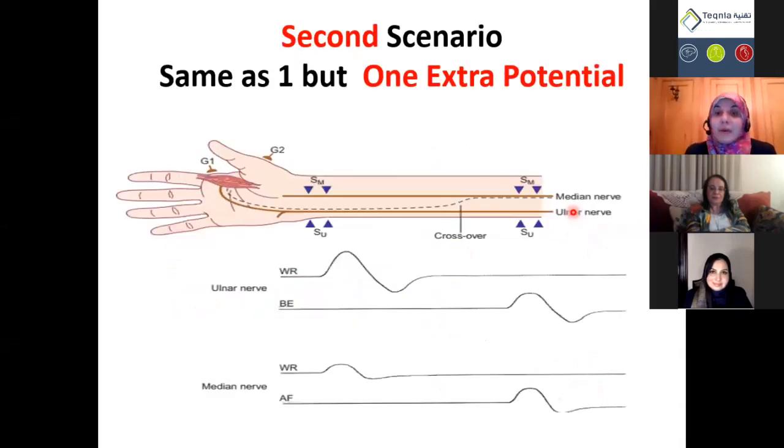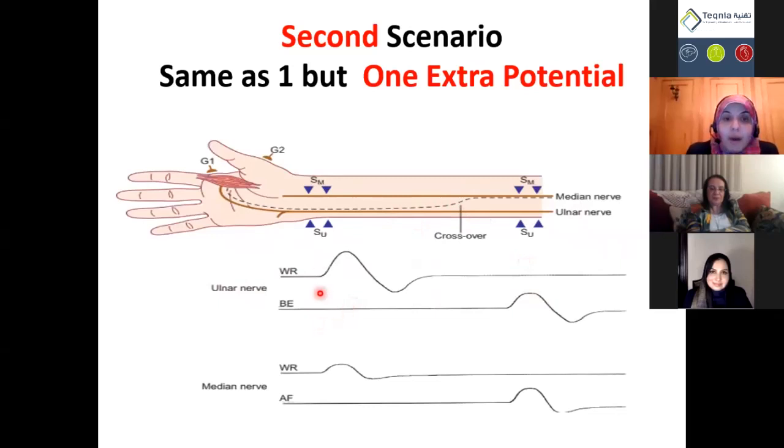The second scenario is when you record from the first dorsal interosseous, not from the ADM. It is the same because it's the same basic spot. The wrist is okay. This is the ulnar nerve. When you stimulate the ulnar nerve, amplitude is great. When you stimulate the ulnar nerve here, it is smaller. The fibers here don't cross.